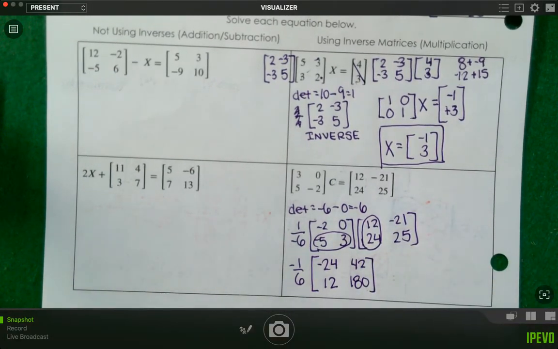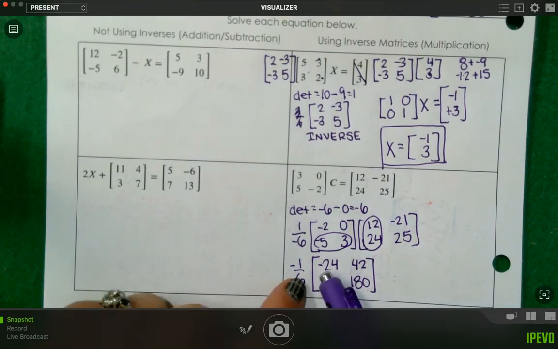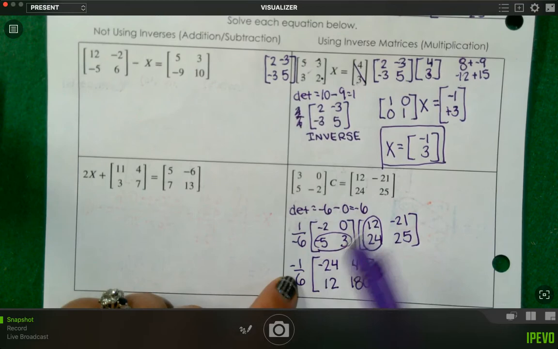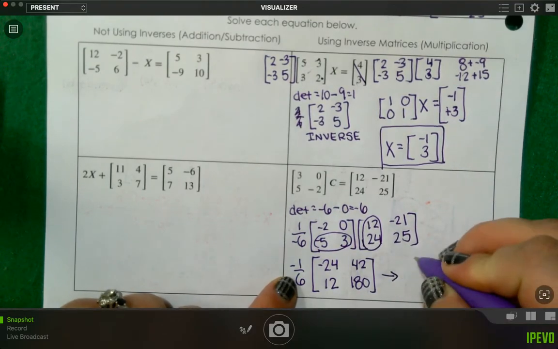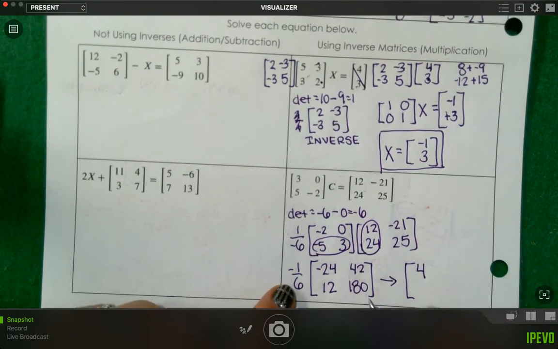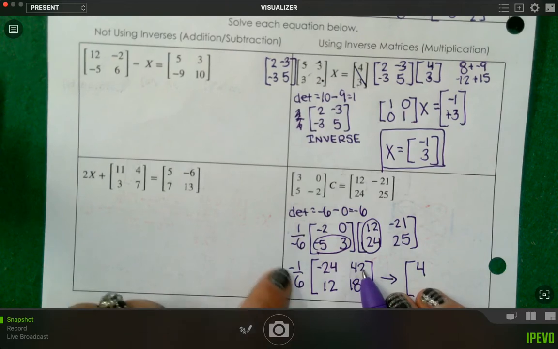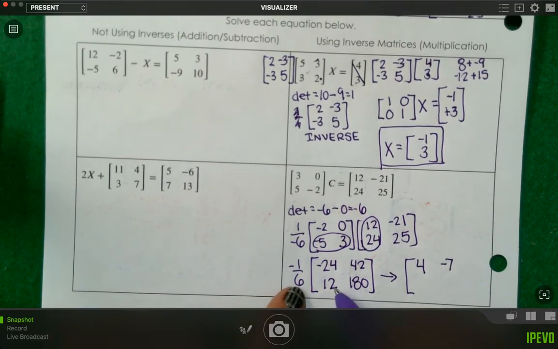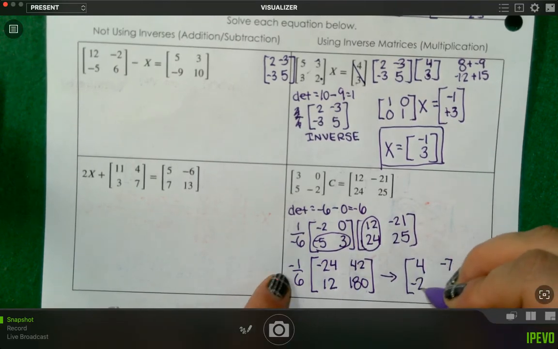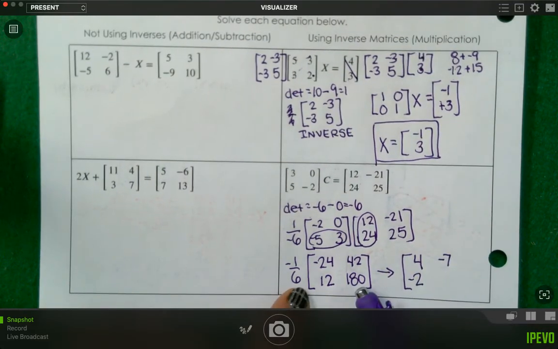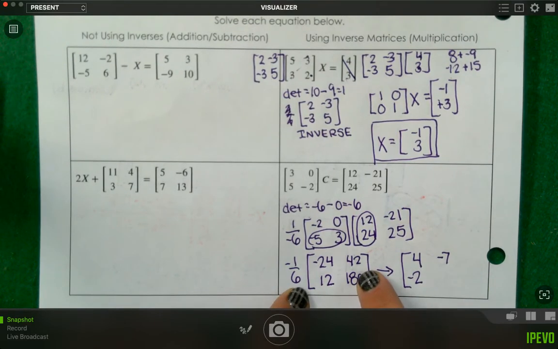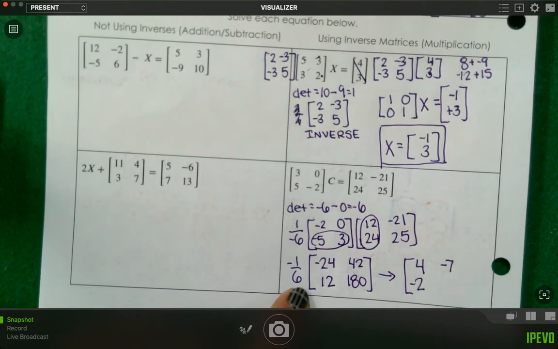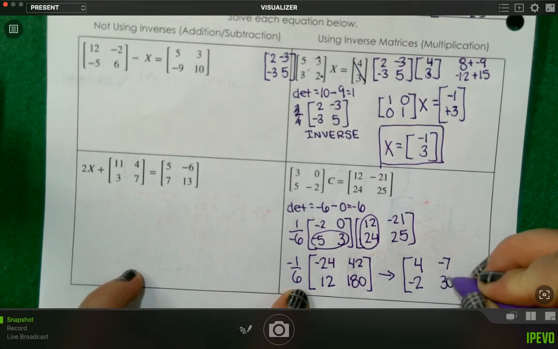And then we multiply all of these by negative 1/6. 1/6 of 24 is 4, and the two negatives will cancel out. 1/6 of 42 is 7, with a negative. 1/6 of 12 is 2, with a negative. And 1/6 of 180, well, 1/6 of 18 is 3, add the 0, 30, with a negative.